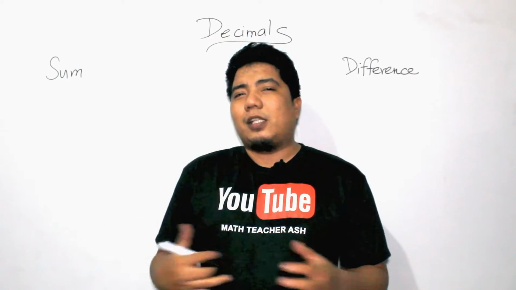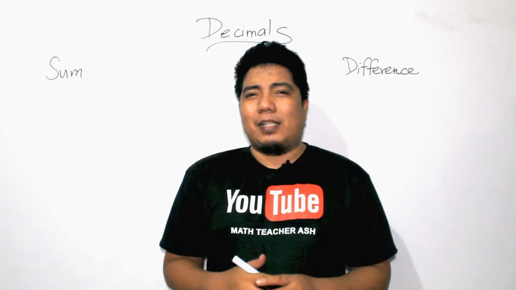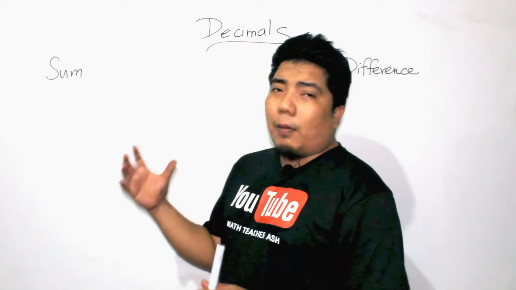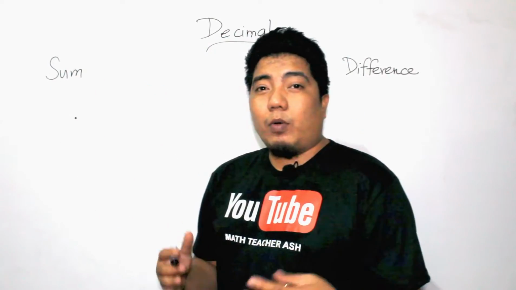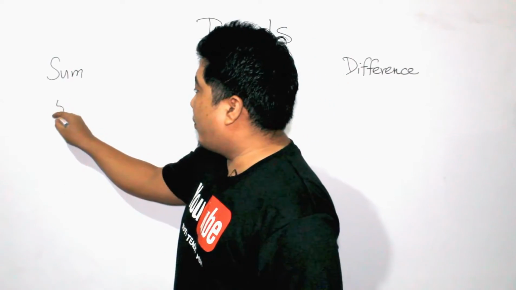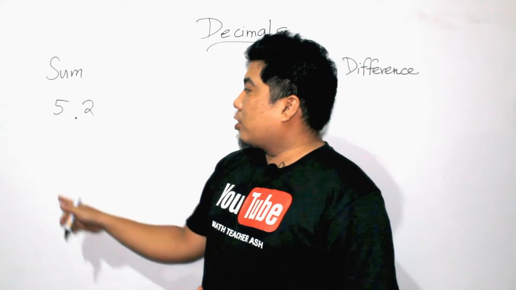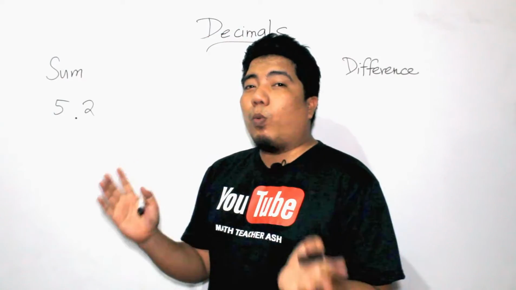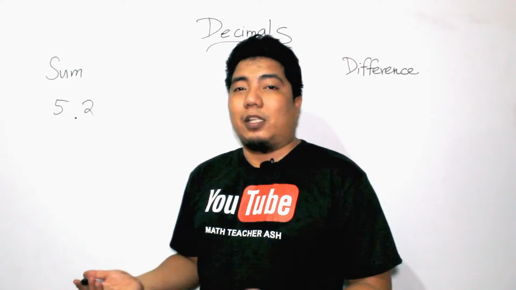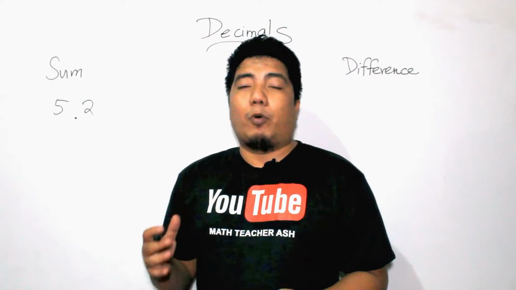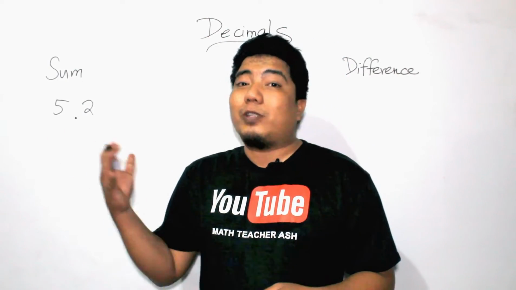Now, the question is, how do we add decimals? Decimals are those numbers with a decimal point, of course. If we have an example, let's say 5.2, it means that your ones digit is 5 and this is your tenths digit. So, this is read as 5.2 or 5 and 2/10.